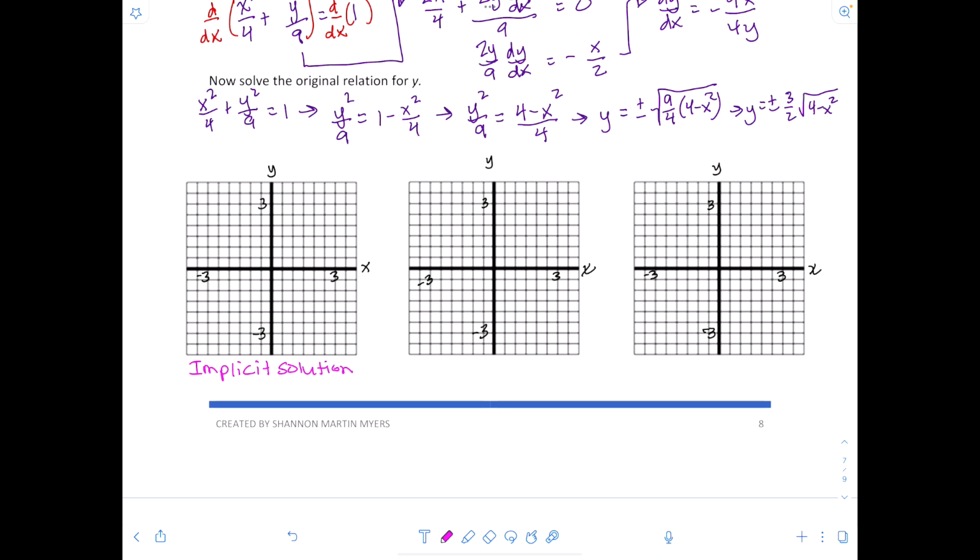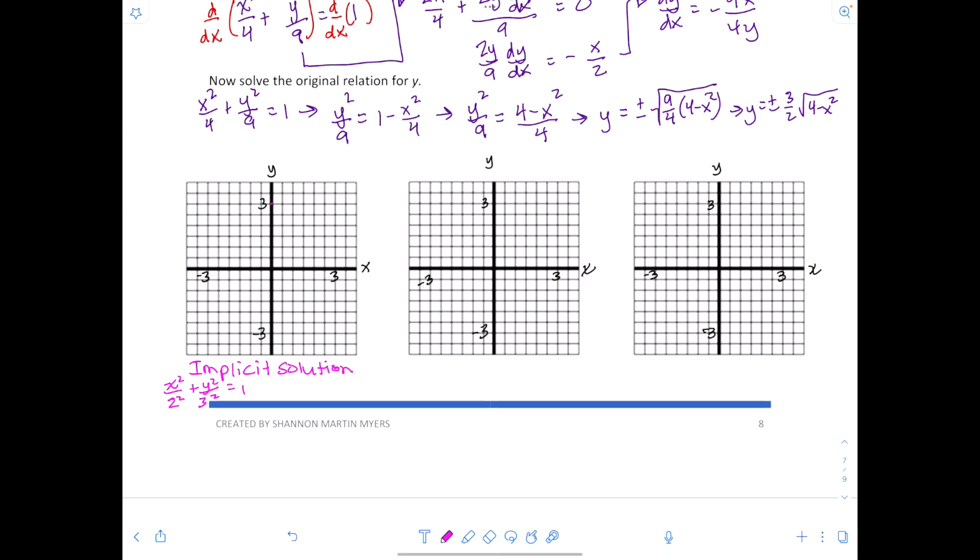And that was the one that was x squared over, I'm going to write it as 2 squared plus y squared over 3 squared is 1. That's an ellipse centered at the origin with y being the major axis, right?